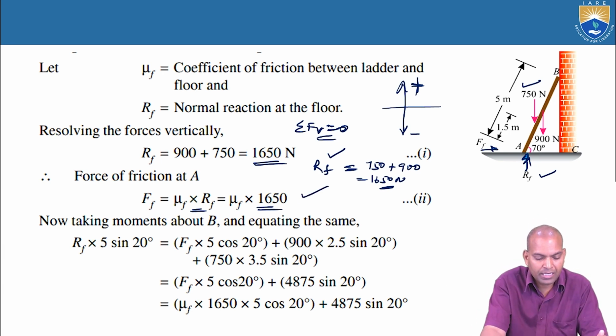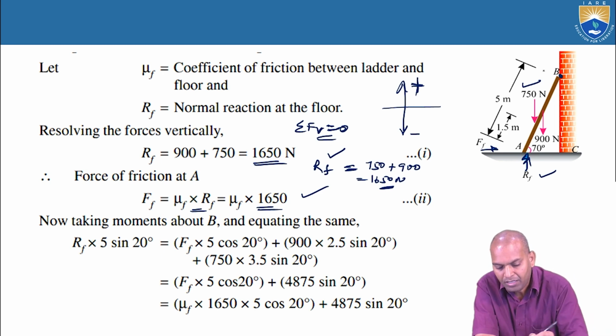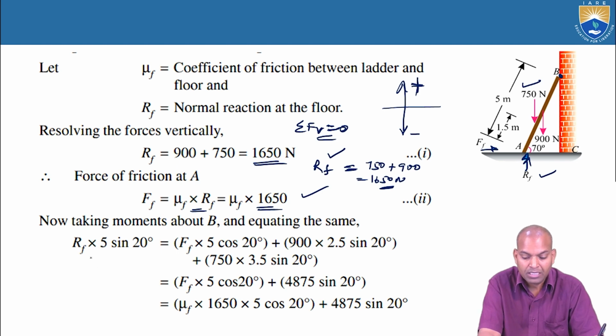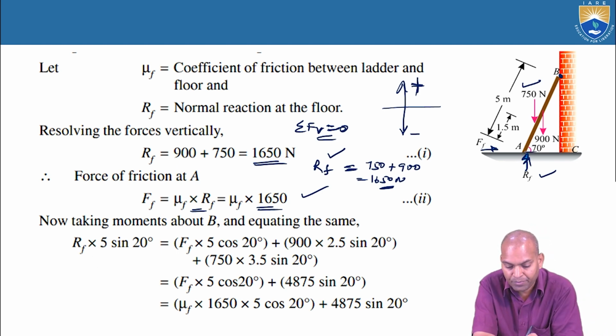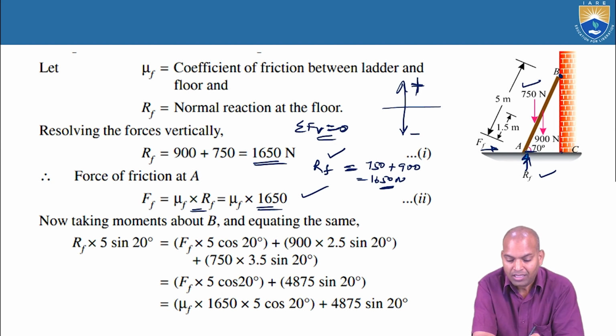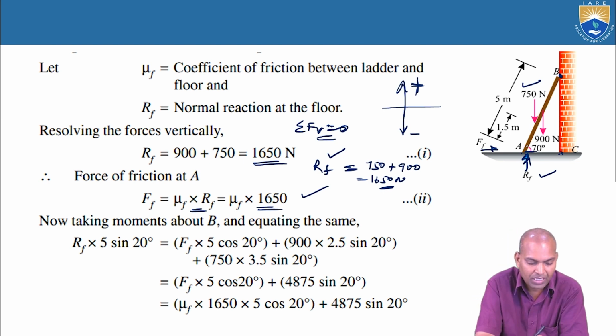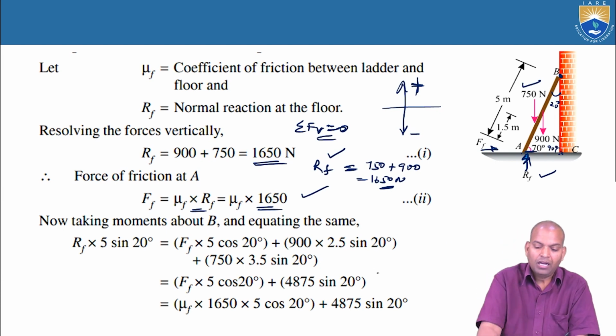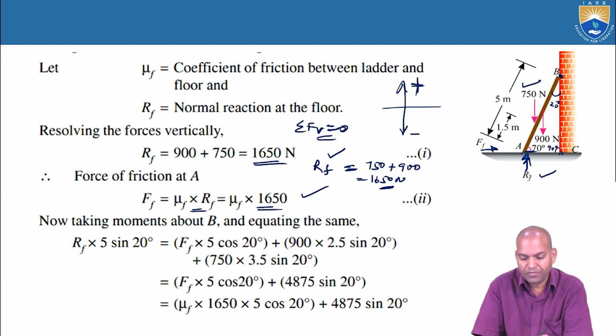Now we have to take moments about point B and apply the equation. RF into the distance from here to here; we have to calculate that distance. We know AC is 5 meters long. You can consider the angle 70 here, 20 degrees there, and 90 degrees here, so the distance is 5 cos 70 or 5 times sin 20, that is also alright.